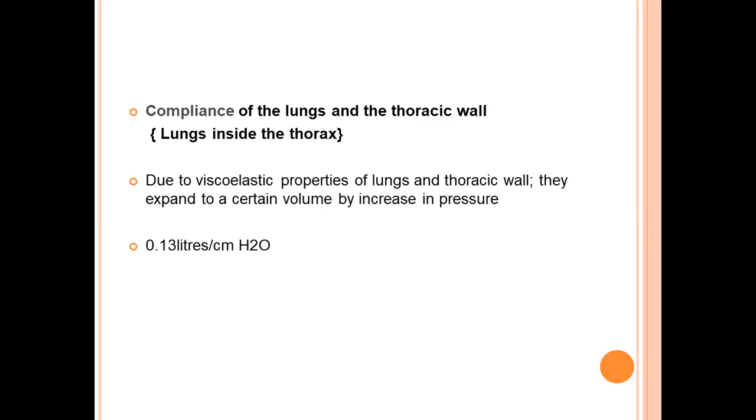They allow these structures to expand to a certain volume due to change in pressure. Whenever there is an increase in pressure, they allow a change in volume, and this change is normally around 0.13 liters per centimeter of water pressure. This is the normal compliance of the lungs and the thoracic wall together.